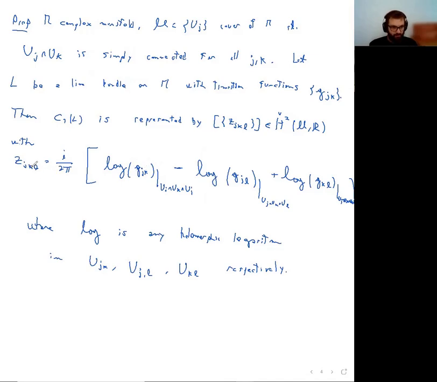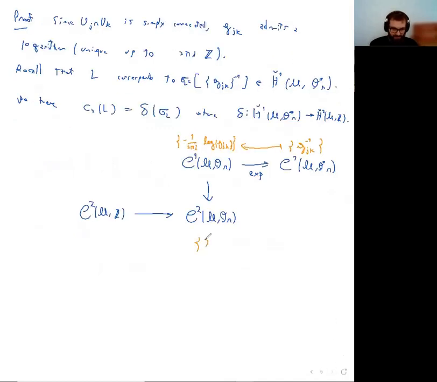Then when you remove the middle one, you get a minus. Then when you remove the first one, you get a plus again. Okay. So here you get precisely this z_jkl that we saw before. And when you get back here, this is still the same, because this is just an inclusion map.